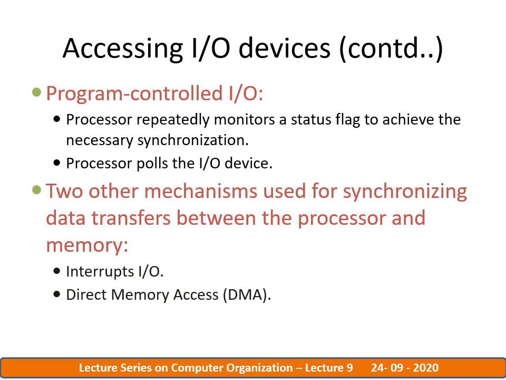Whenever the processor sends data to the input-output device, the status flag plays an important role, telling the processor whether the devices are ready to accept the data or transfer the data. Based on the SIN and SOUT flag registers, the data can be transferred between the I/O devices and the processor.